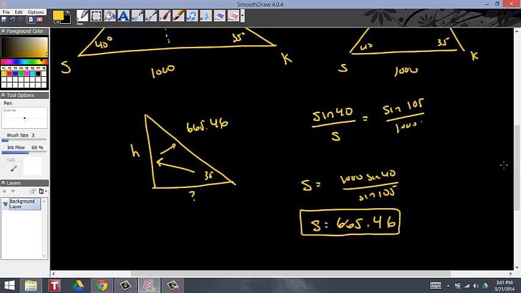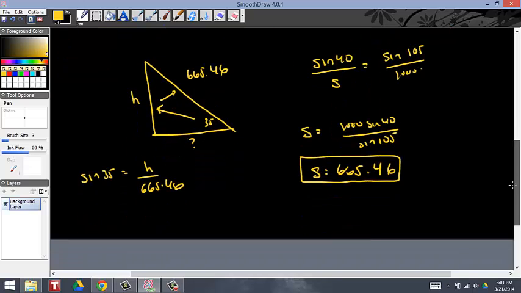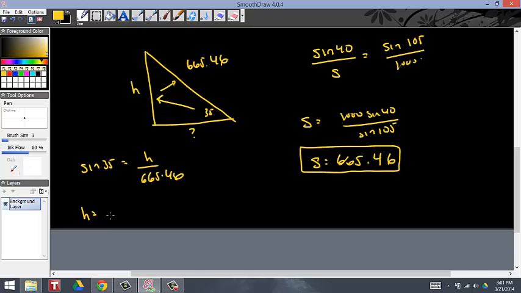Which trig function deals with opposite and hypotenuse? Sine. So sine of 35 is equal to H over 665.46, which means H is equal to 665.46 sine 35, which equals, Skylar, what did that equal?